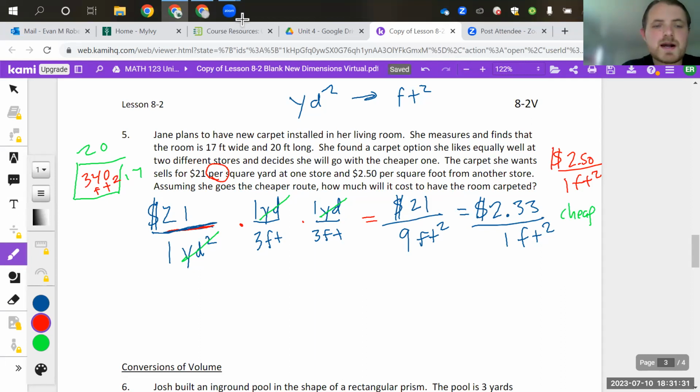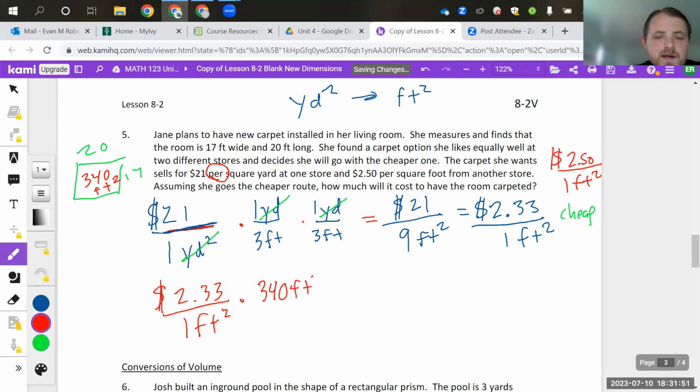And so I believe if we take our $2.33 per feet squared, and we multiply that by 340 feet squared, we're going to be left with just the dollars, which is all we want. And so when I multiply all that out, I get $792.2.